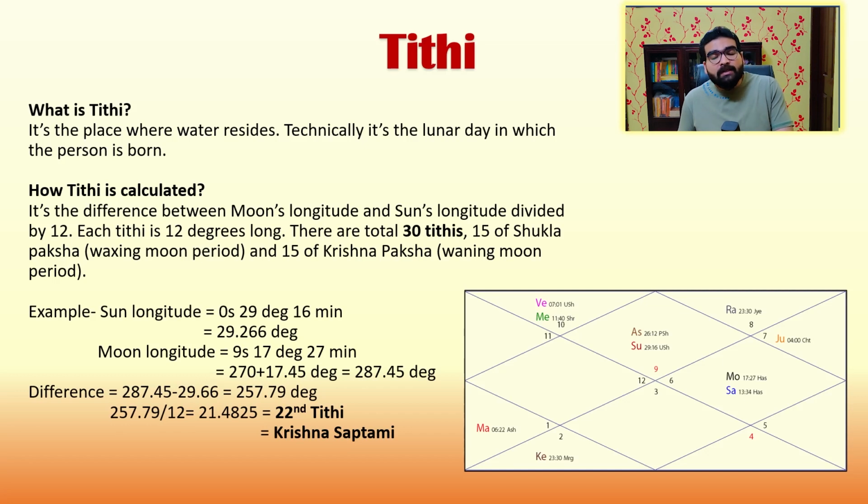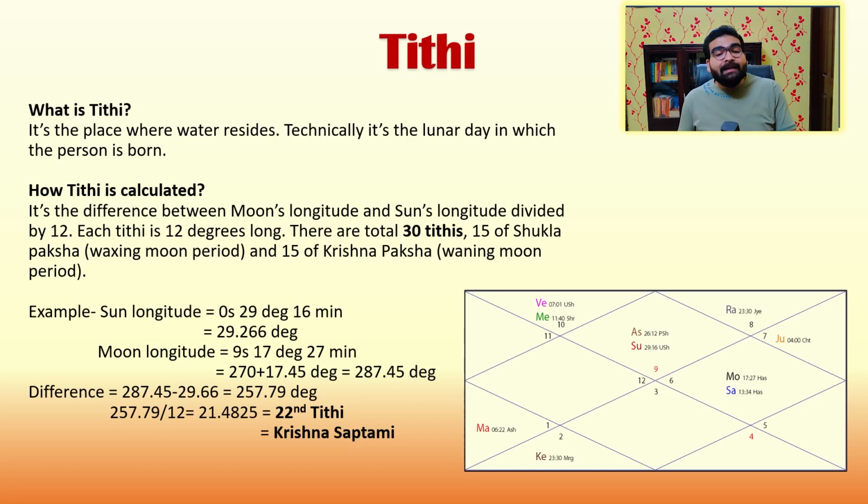Now you convert 27 minutes into degrees: 27 divided by 60, so 17.45 degrees. For the 9 signs, each sign is 30 degrees long. I have already discussed this in my past videos in the astrology basic series, in the second part, that each sign is 30 degrees long. So 9 into 30 gives 270, plus 17.45 degrees is equal to 287.45.